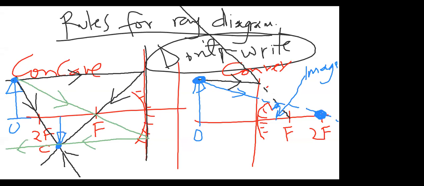On the other side, again, a ray which is passing through F is reflected as a parallel ray. So for this one, you can simply look at this one here, like that.